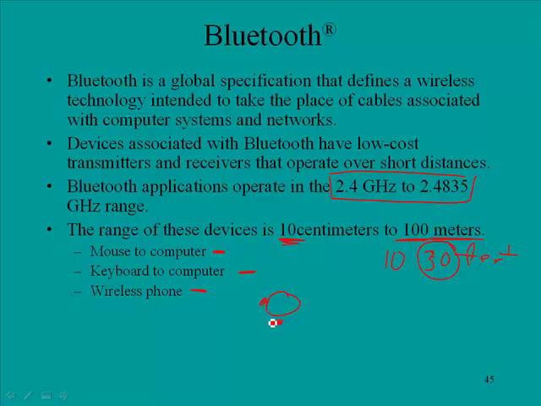With traditional wireless phones, you would have a cord that would run over here and connect to this, and then you would touch the buttons on your phone and have your conversation. But with Bluetooth enabled wireless phones, you wouldn't need this cable.